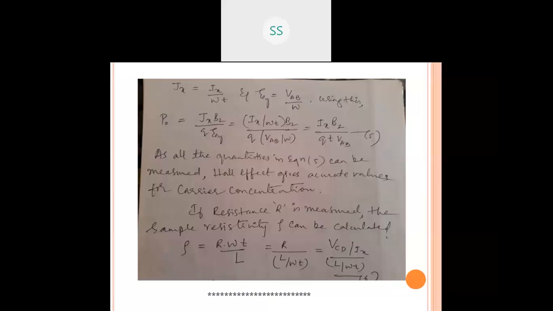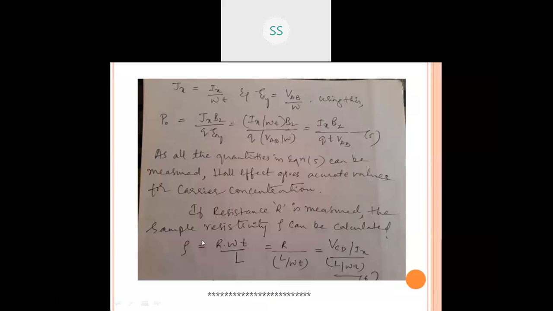Whenever you apply Bz, it is possible to measure VAB. T is the dimension or geometry of the semiconductor slab, and it can always be measured. Further, as VAB is there, it is also possible to measure Ix. So all are measurable quantities, and therefore it is possible to calculate P naught, the carrier concentration.